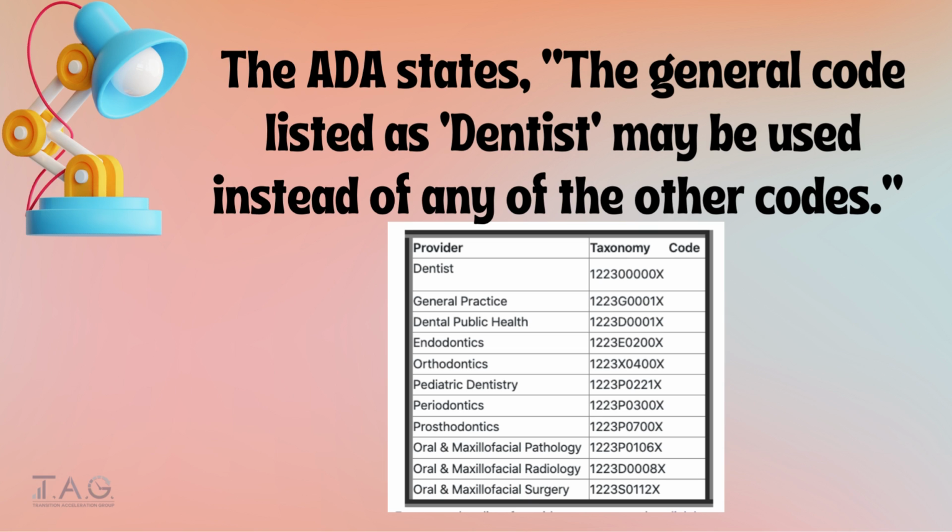That's the taxonomy code that you should have as your primary taxonomy code if you are a general dentist. Now, if you perform oral surgery in your office as a general dentist, you also could add the oral and maxillofacial surgery taxonomy code. If you perform root canals in your practice, you also could select the endodontics taxonomy code. So you can have multiple taxonomy codes, but your primary needs to be the dentist, not general practice, the 1223G taxonomy code.